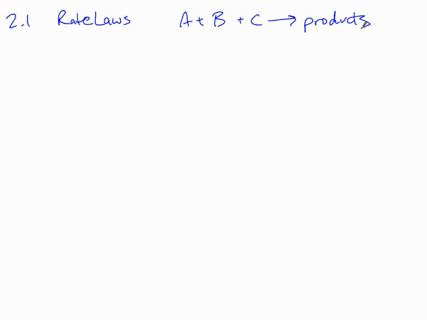Data from 4 experiments are shown on the table to the right. The rate law for the reaction was found to be rate equals K, concentration of A to the second power, concentration of B to the first power, concentration of C to the first power. So this is the first you're seeing this concept. This is what's called the rate law.